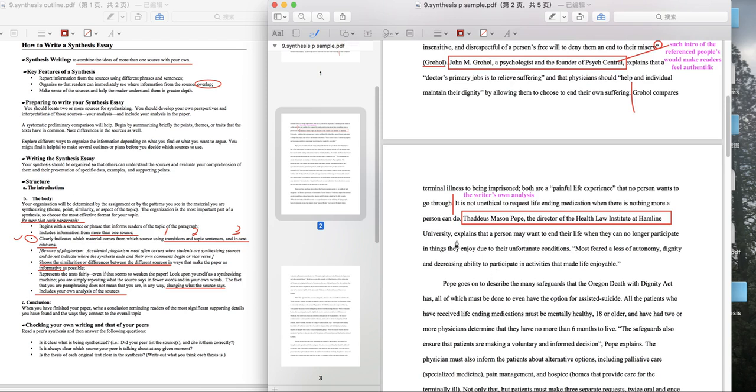Then he explains that a person may want to end their life when they can no longer participate in things they enjoy due to their unfortunate conditions. And then here is a quotation, correct? Quotation from this person. This is actually a paraphrase, you know, correct? Paraphrase of this person's words.